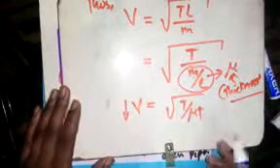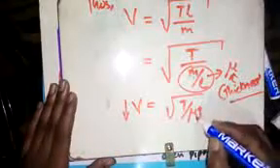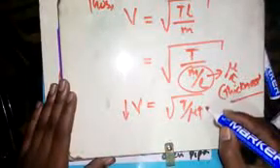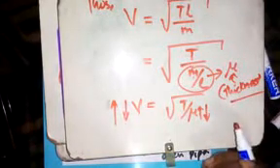But when the string is very thin, that means the mass per unit length is small, and the speed of that string is high.